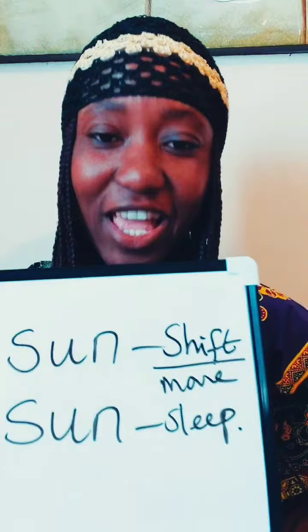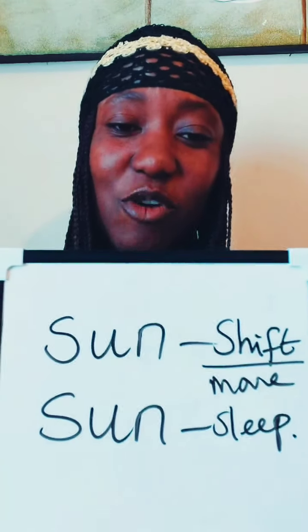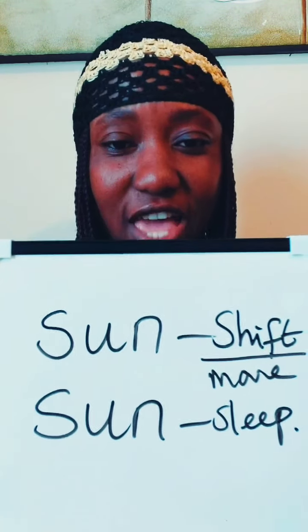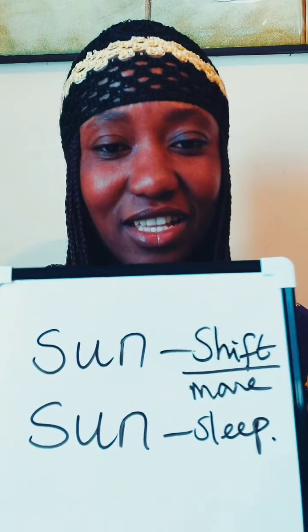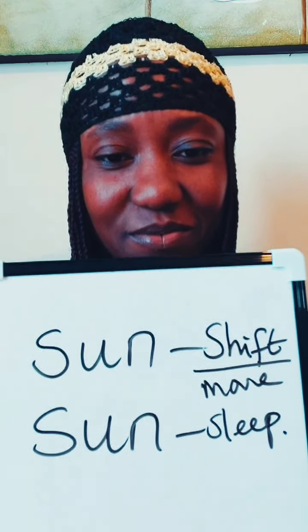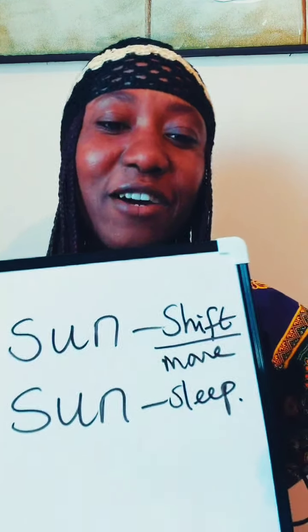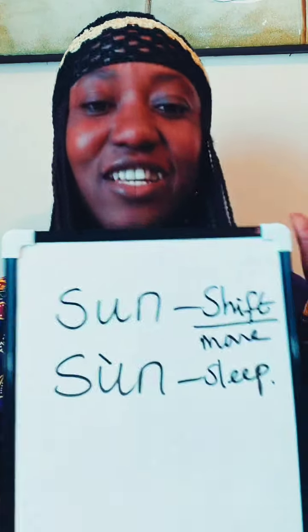Yes, that is correct. Okay, so we have shift or move, and we have sleep. All right, so can you differentiate them with a tone mark? What tone mark goes on shift or move, and what tone mark goes on sleep? Can we give that a try? Perfect. Yes, sleep is do, soon. To sleep.